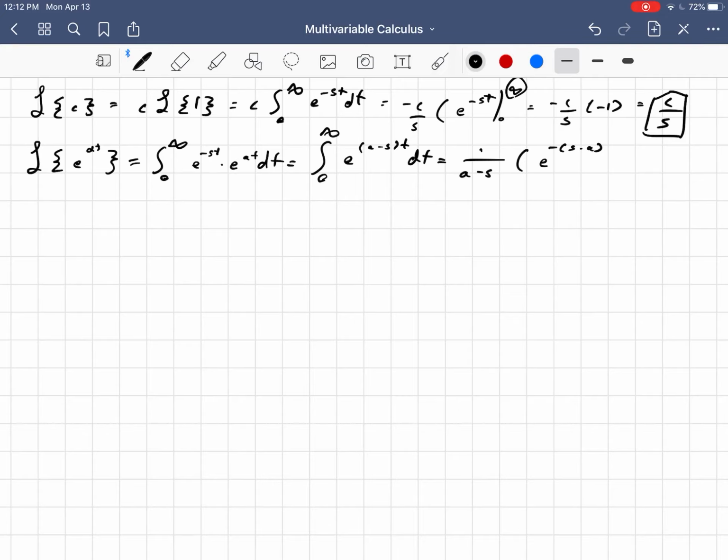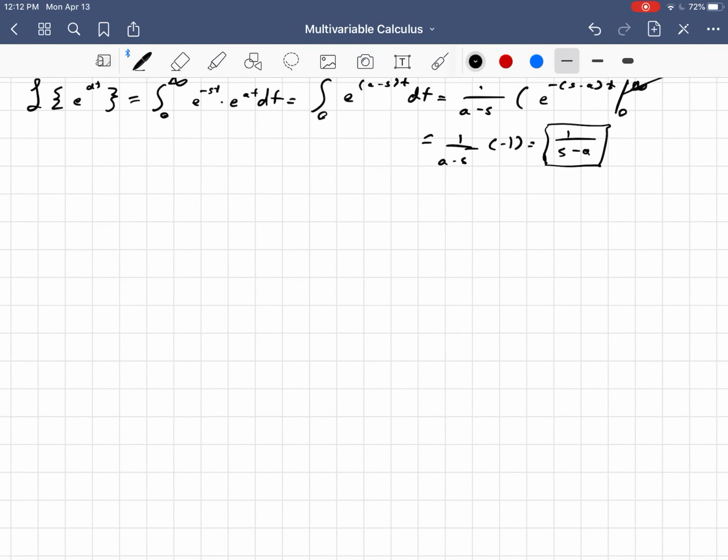So that's 1 over a minus s times e to the (negative s minus a)t, and this is from 0 to infinity. So 1 over a minus s times, now when we plug in infinity, again, the thing goes to 0. And then when we plug in 0, the thing becomes a negative 1, because it's the lower bound. So we get 1 over s minus a. And that's the Laplace transform of e to the at. So what I said in the last video is actually right.